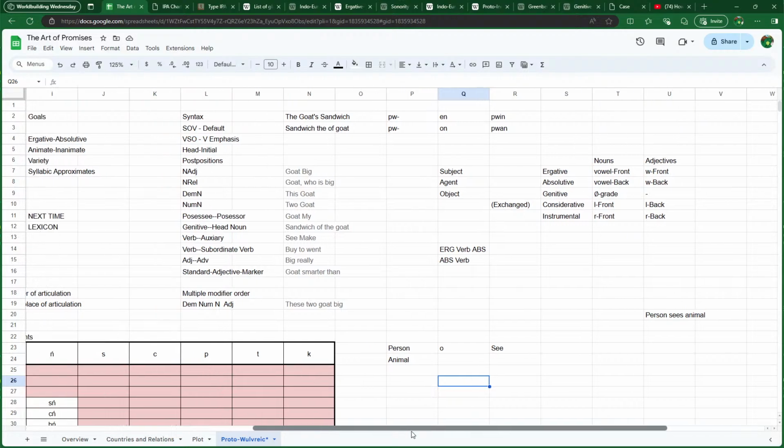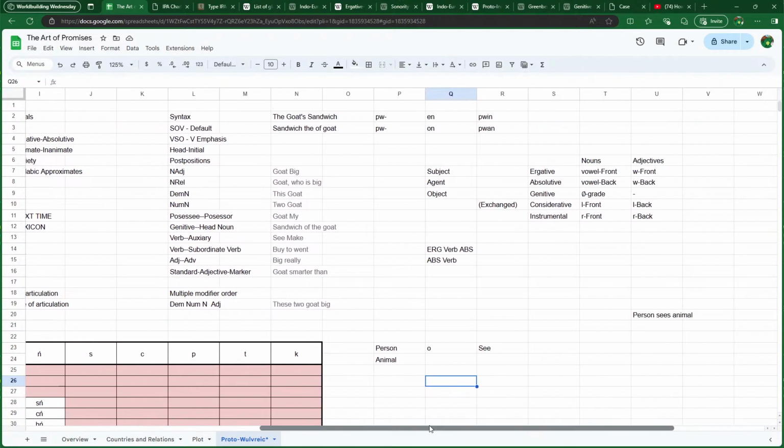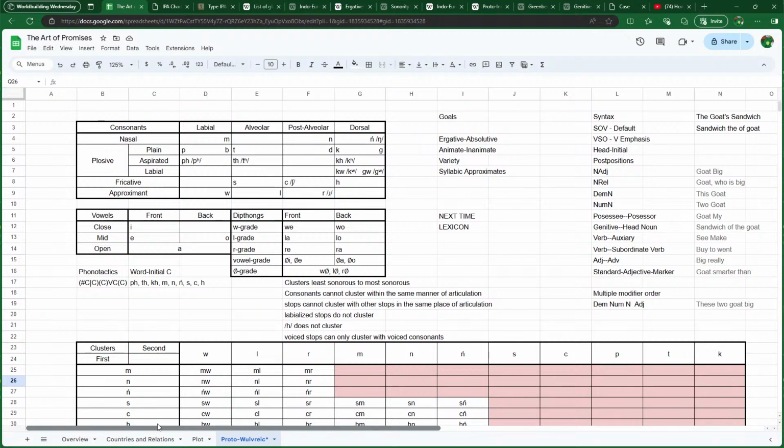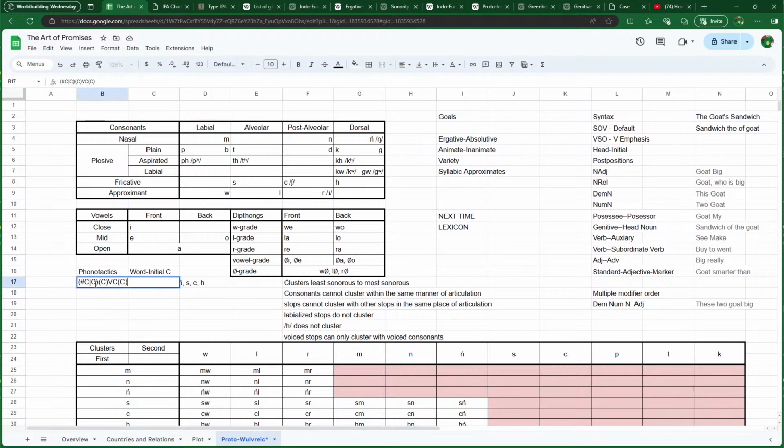So what if instead it was, wow. Oh, we also didn't establish which consonant. Man, I am all over the place.